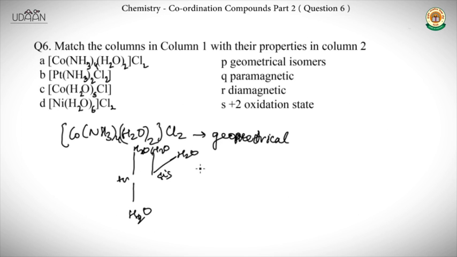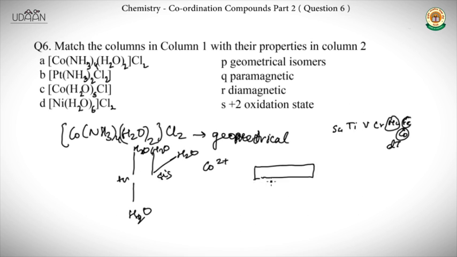Now we have to find whether it is diamagnetic or paramagnetic. We can directly see that this is Co2+, and we know that it is d7, so this is 5, 6, 7.